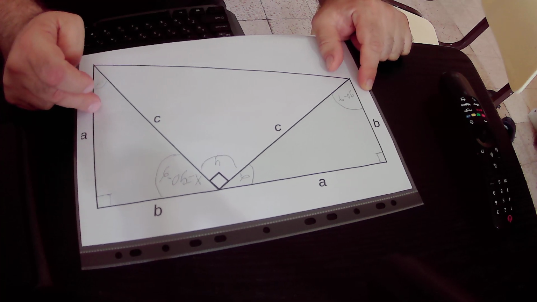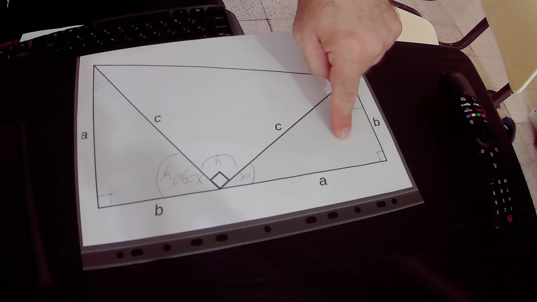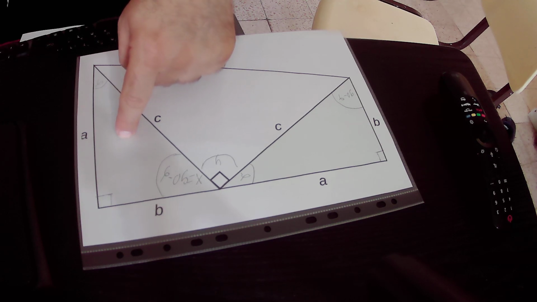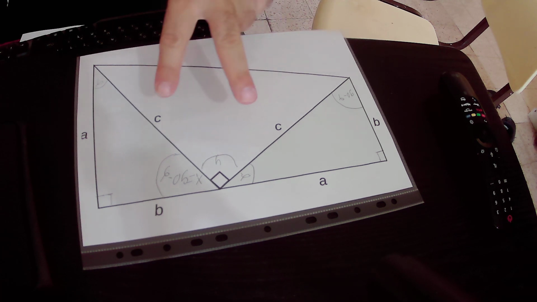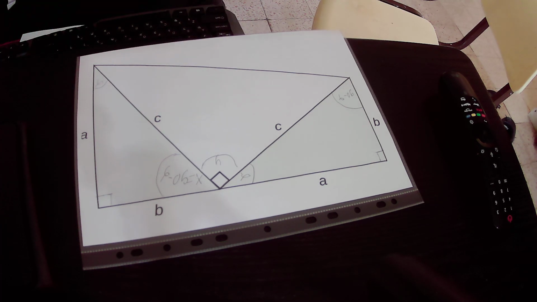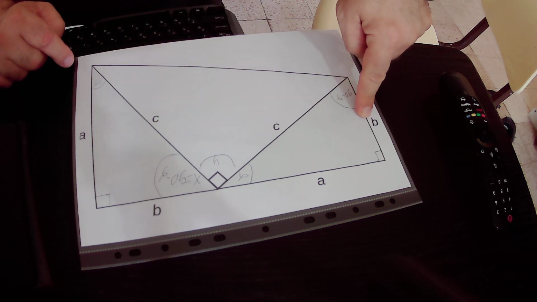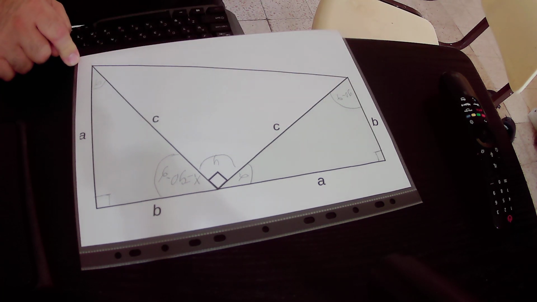Okay, now we have two triangles, ABC at the right and triangle ABC at the left, and two sides of those triangles are equal to each other, because side A equals side A and side B in this triangle equals side B in this triangle, because that's how we built it.